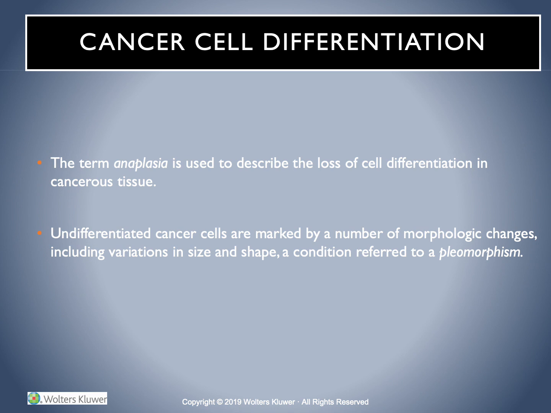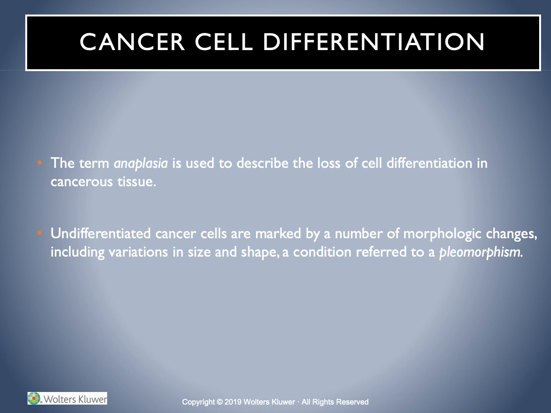The last, which is poorly differentiated or undifferentiated cancer cells, bear little to no resemblance to normal cells. They often have abnormal structures, irregular shapes, and lack of specialized functions. These cancer cells tend to grow rapidly and are associated with a more aggressive behavior and poor prognosis.